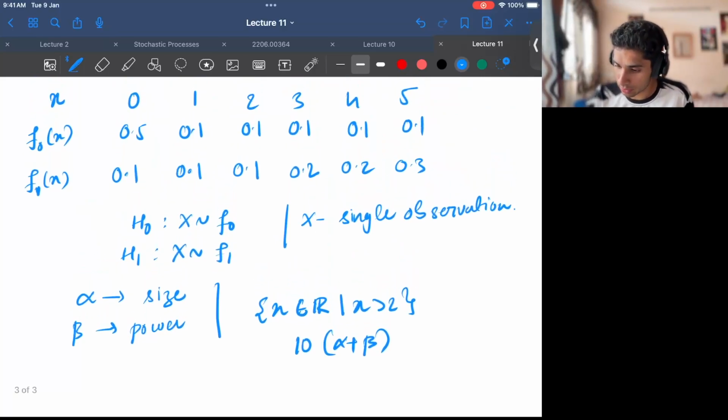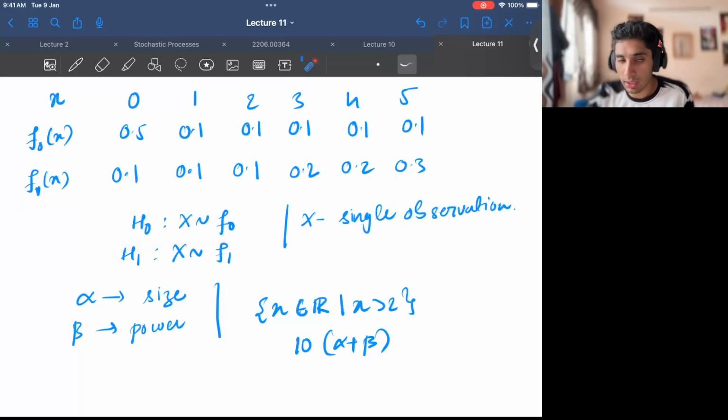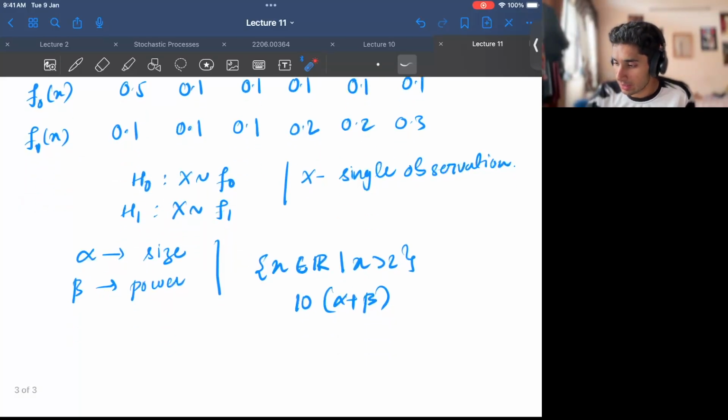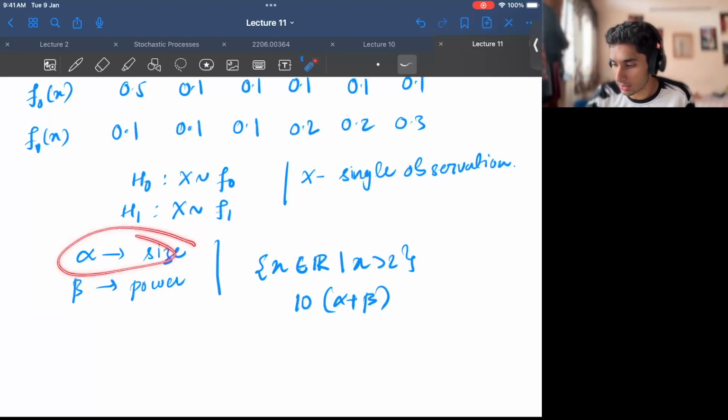Basically you see one observation of this random variable x, and you have two hypotheses: x comes from f naught, which is your null hypothesis, and x comes from f1, which is your alternate hypothesis. It is given that alpha is your size and beta is your power. We just saw the meaning of size and power. And this is the critical region.